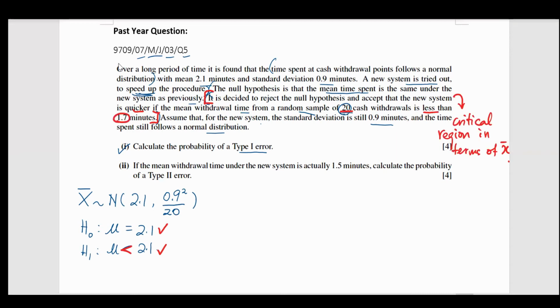So 1.7 minutes is the critical value, and the whole sentence gives you the critical region, or the rejection region. I will write this down: we reject H null if X bar, the mean withdrawal time, is less than 1.7 minutes.